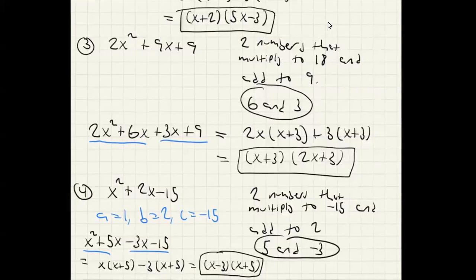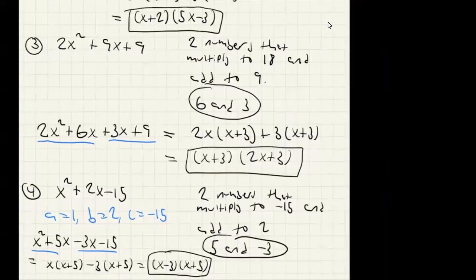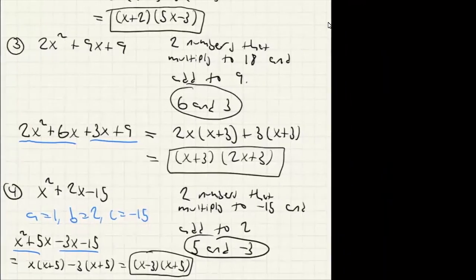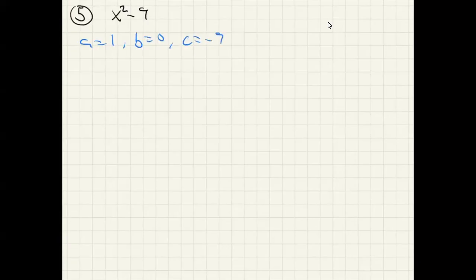And then a similar thing will also work even if b equals 0. So for example, let's do x squared minus 9. Here, a equals 1, b equals 0, and c equals negative 9.